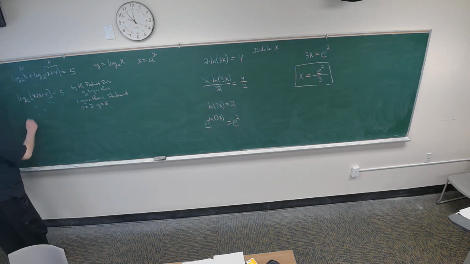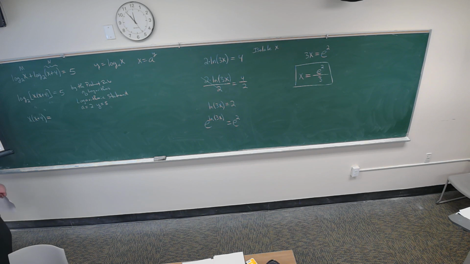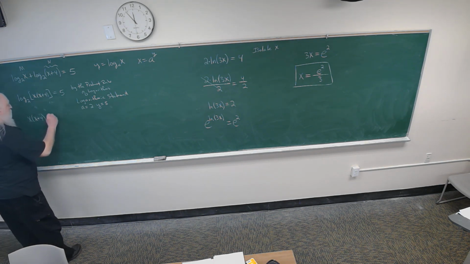And so we have x times x plus 4 on the left, that's our argument, is equal to the base 2 raised to the 5th power.